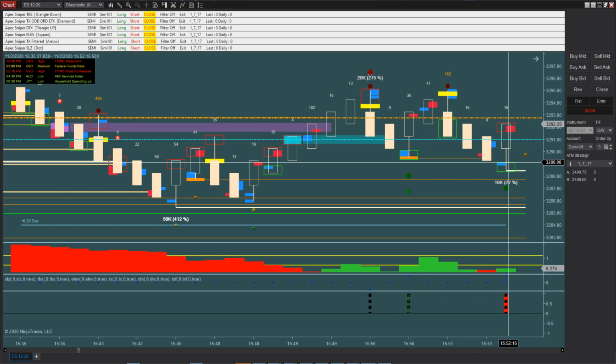Two 3-bar chop. There you go. Is it okay to not be sure about a trade and it win? Yes. You have to be okay with that.